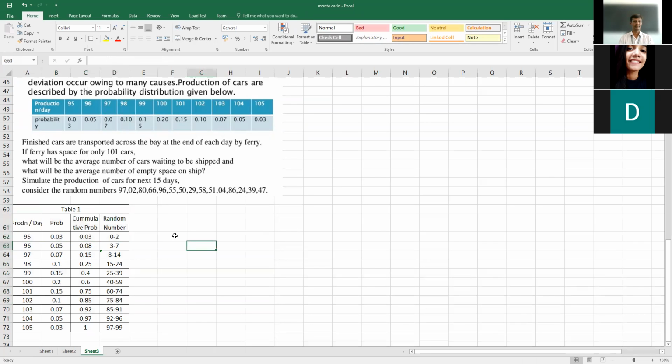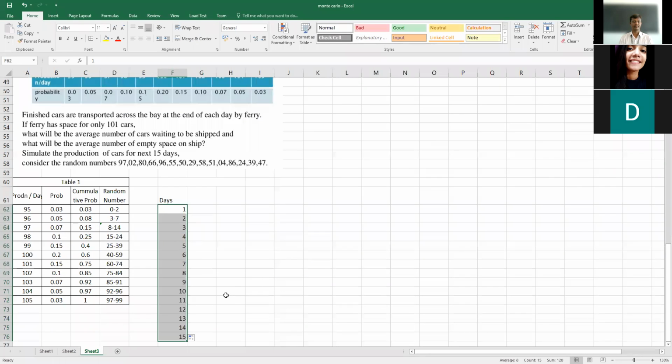Then we move on to table number 2. In table number 2, we are going to simulate the production for the next 15 days. So the days will be simulated for 15.